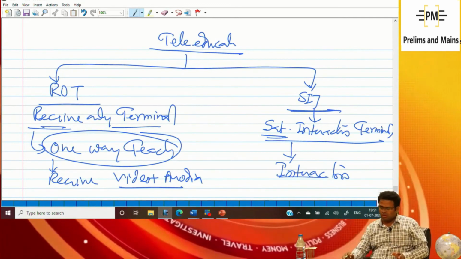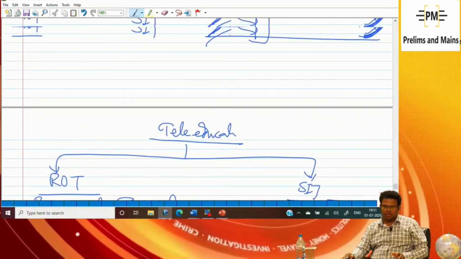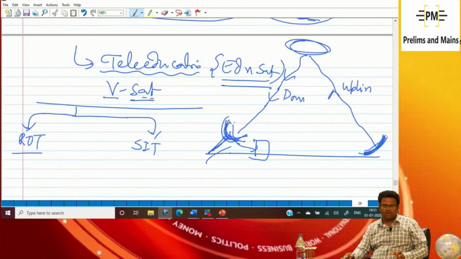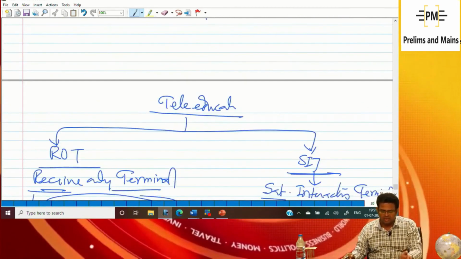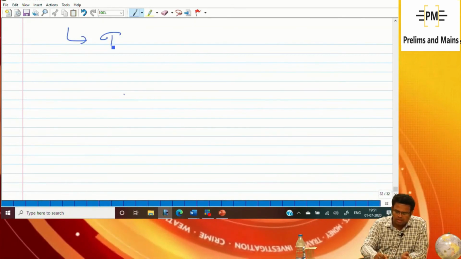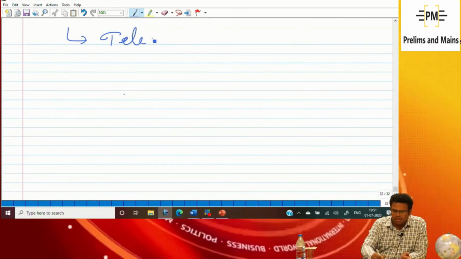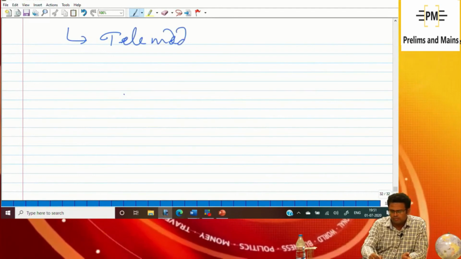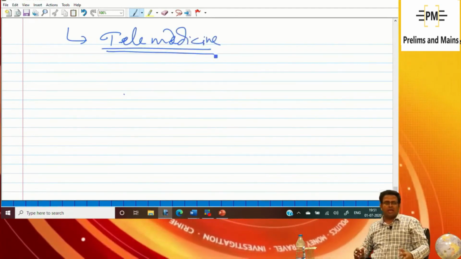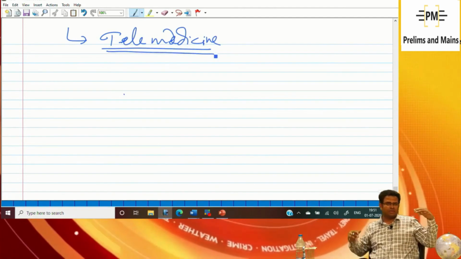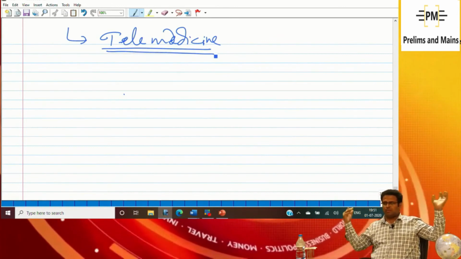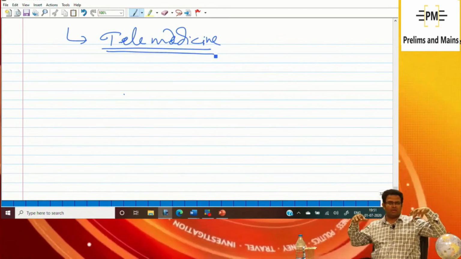So Geo is helping in telecommunication, broadcasting, and tele-education. Can I say that if it is helping in tele-education, similarly it will help in telemedicine? In the similar way I can have a connection with some better medical institution in different parts of the world, an Indian medical institution.